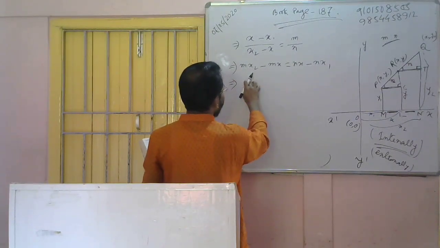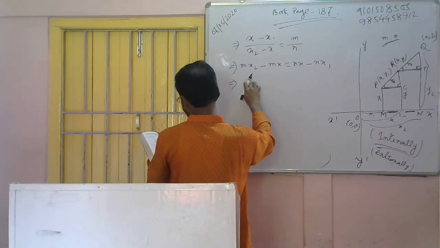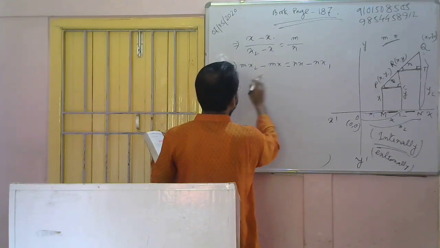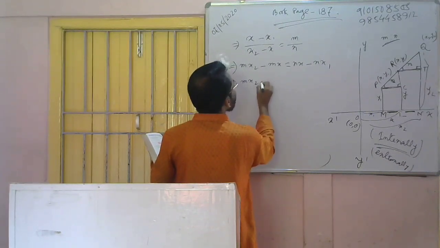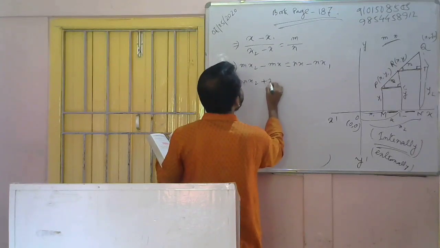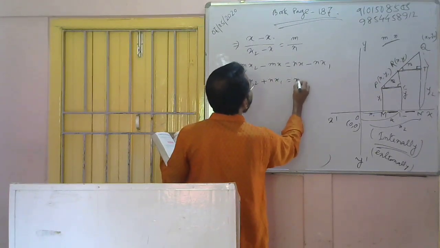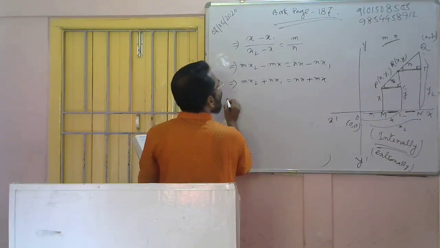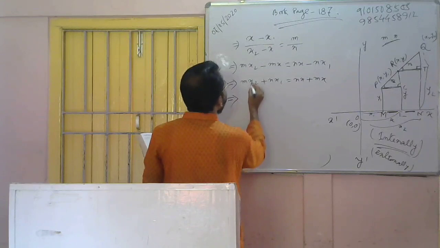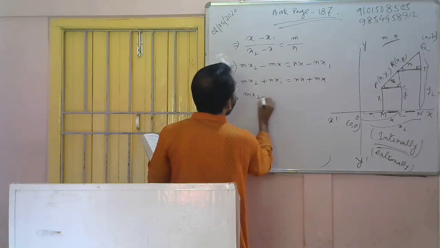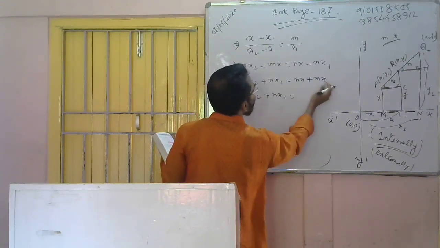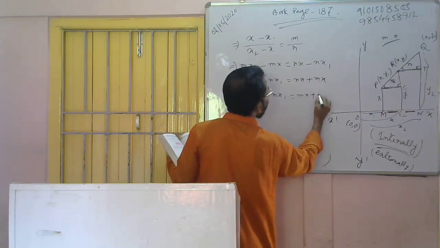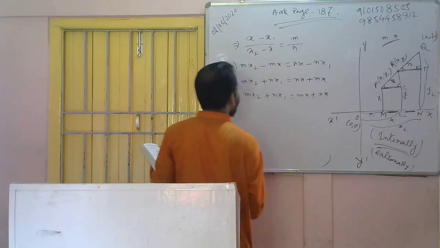If we write here M X2, and this one is plus N X1 is N X plus M X. So from this M X2 plus N X1, here we are writing M first and N last, interchanging.